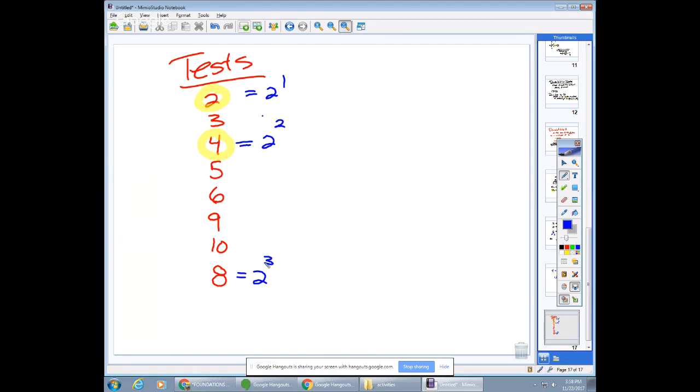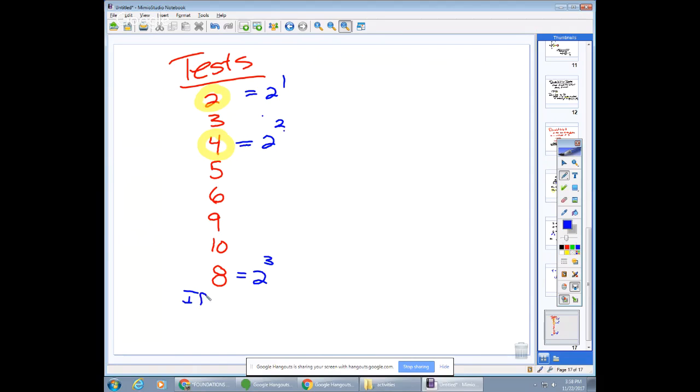With 2, I only had to look at the ending digit. For 4, I had to look at the ending pair of digits. Guess what I'm going to have to look at for 8? Yeah, the number made by the last 3 digits: hundreds, tens, and ones.